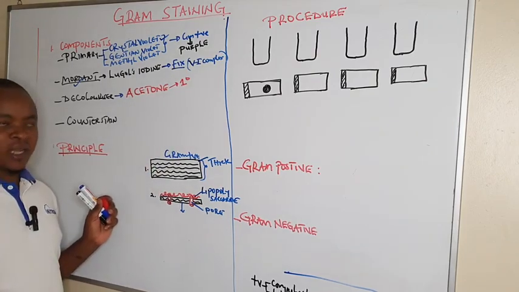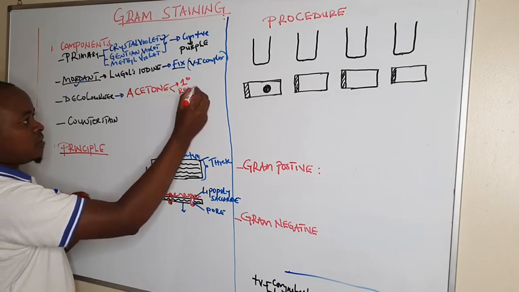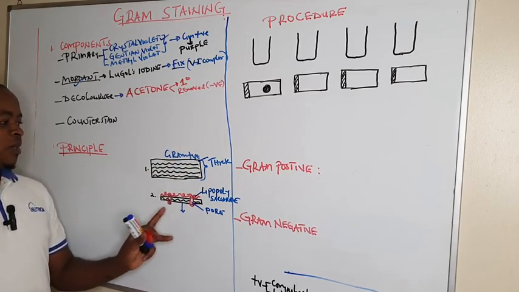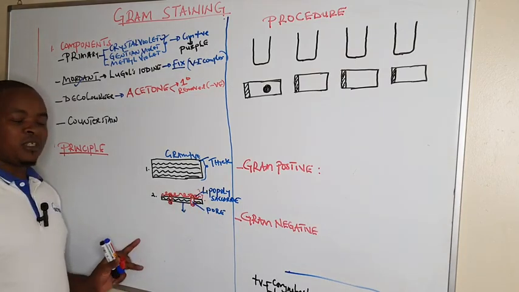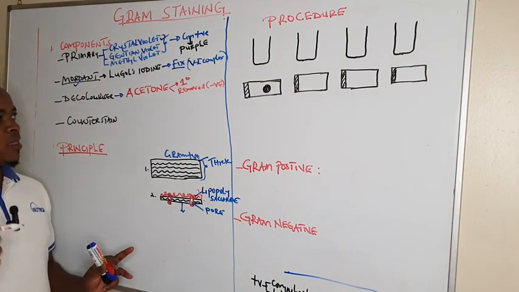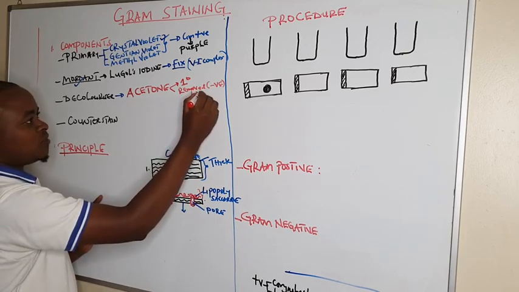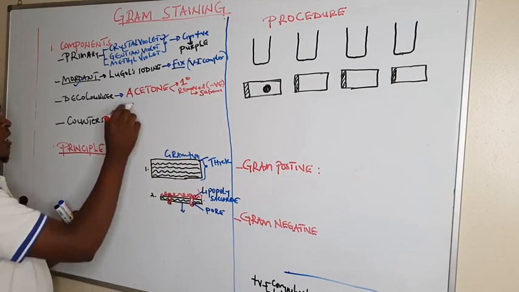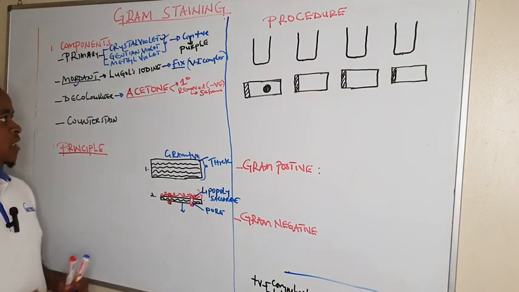Whereas if it is gram negative, the primary stain is removed, because of the presence of a thin peptidoglycan layer and a layer of lipid which is dissolved by the alcohol. Hence, the gram-negative ends up taking the counter stain, which we call safranin. This follows after decolorization by acetone alcohol.